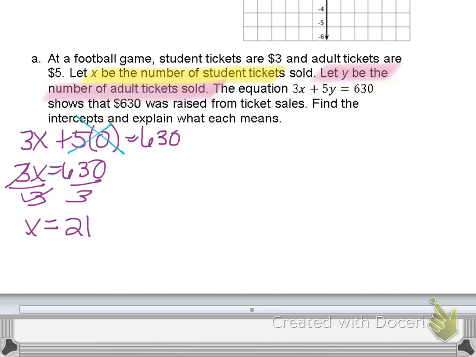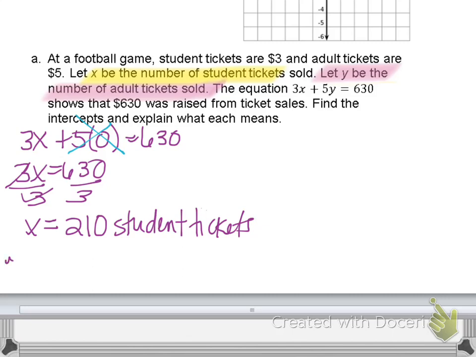So we'll have 3x equals 630, and then divide by 3 on each side, and we have x equals 210. So this is 210, and x is representing the number of tickets sold that were student tickets. So that means there are 210 student tickets sold, and this represents that there were only student tickets sold.